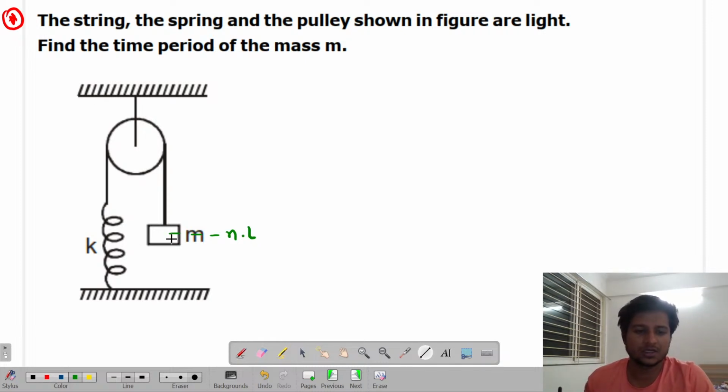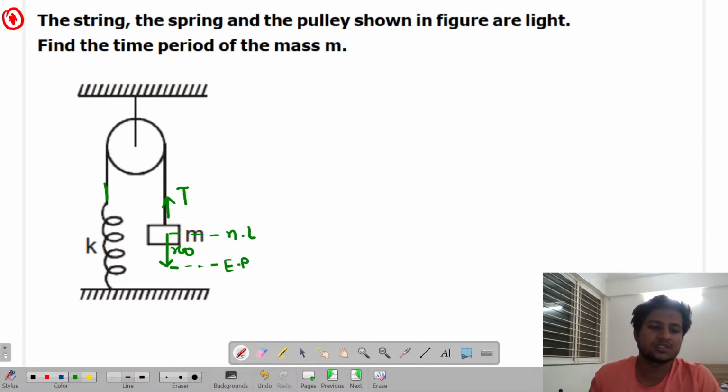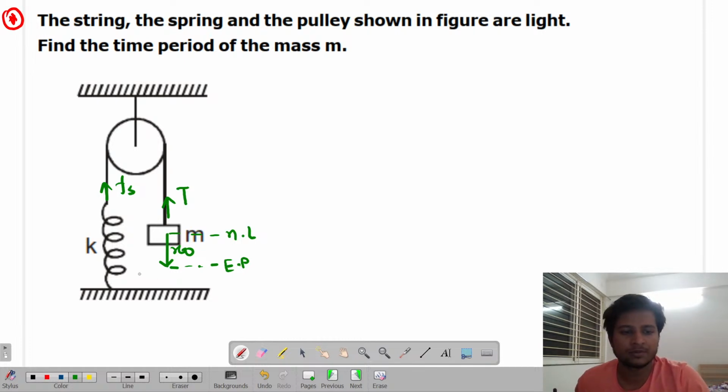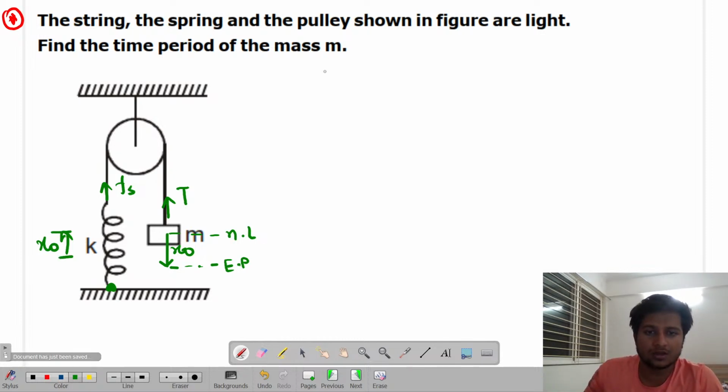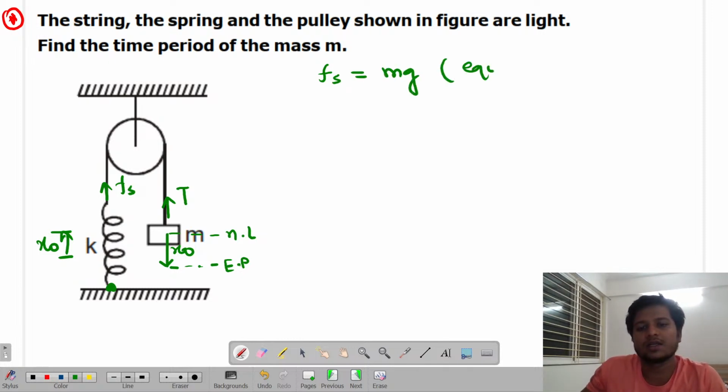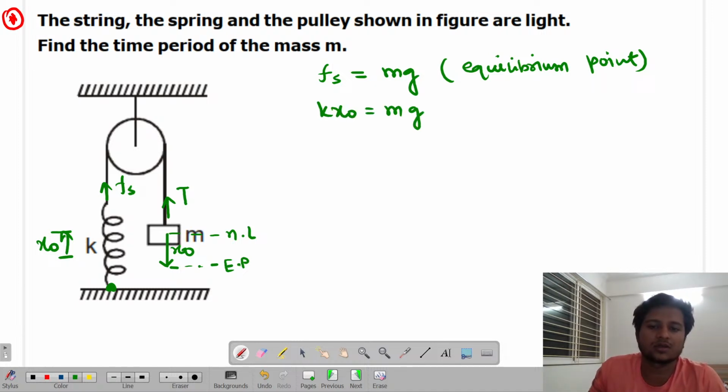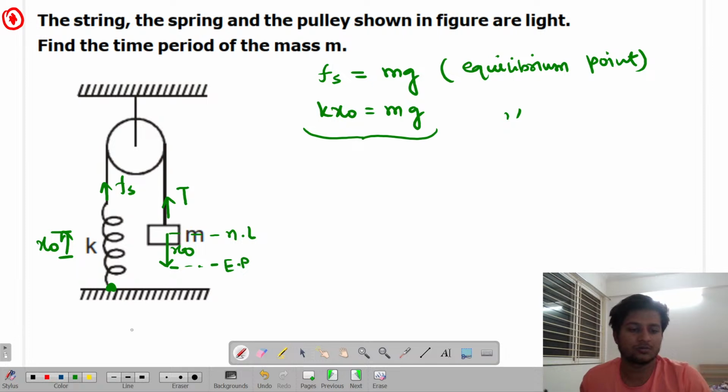Yes. इसके बाद क्या होगा? ये इक्विलिब्रियम पॉइंट पे जाएगा ना? कितना डिस्टेंस ट्रैवल करेगा? x नॉट, और ये ब्लॉक कहाँ पर आया? इक्विलिब्रियम पॉइंट पे। तो जो भी यहाँ पे टेंशन होगा, that must be exactly equal to the spring force or not, because spring force is basically fixed over here and the spring will be displaced by the same displacement x naught, है कि नहीं, है ना. तो spring force is once again exactly equal to mg at equilibrium point, which is kx naught equals mg, because this is my condition for equilibrium point. Are you able to get me?